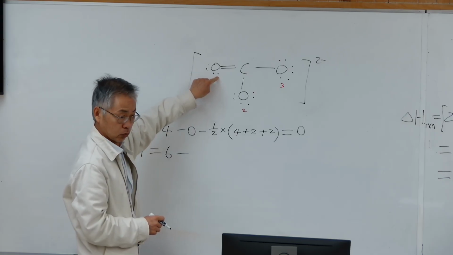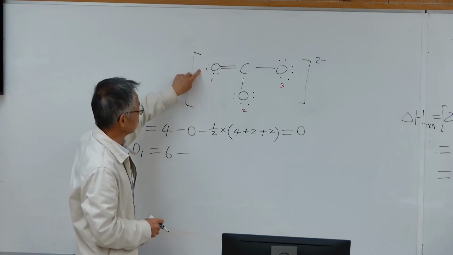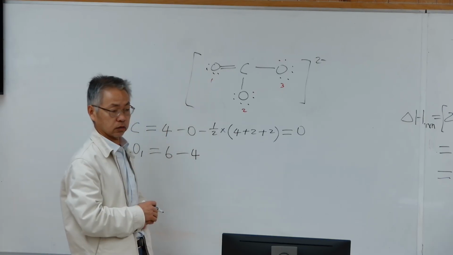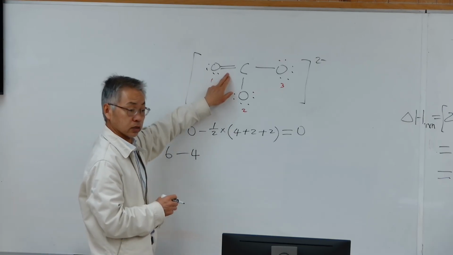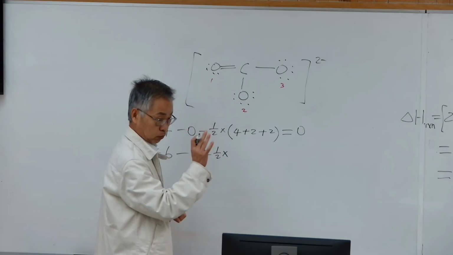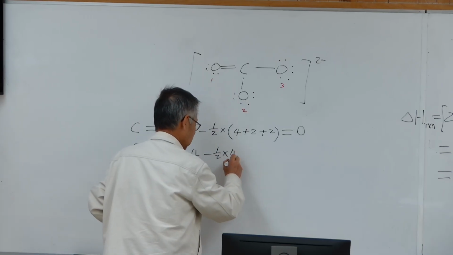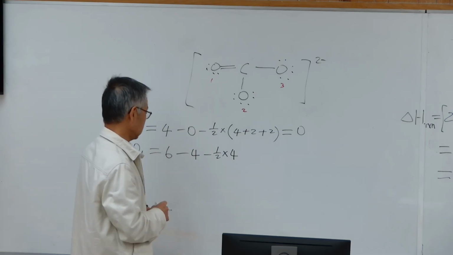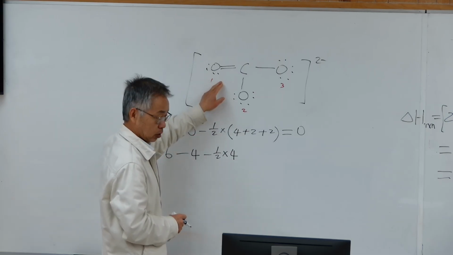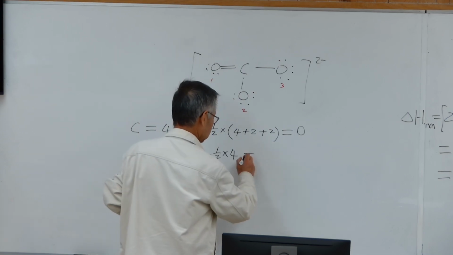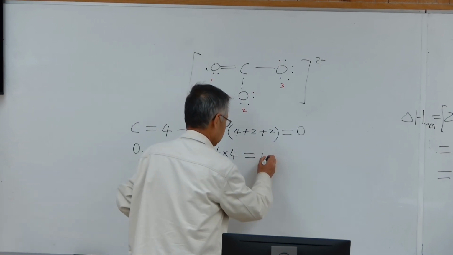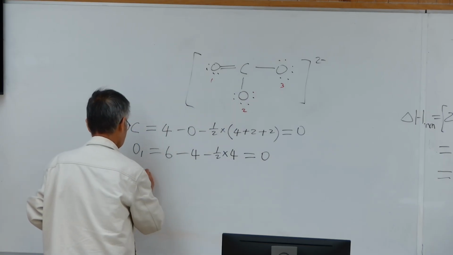Each lone pair is 2, so the total is 4. These 4 are not shared, so they definitely belong to this oxygen. And the double bond is shared, so 1/2 of the double bond's 4 electrons is assigned to the oxygen. So the formal charge is also 0, right?